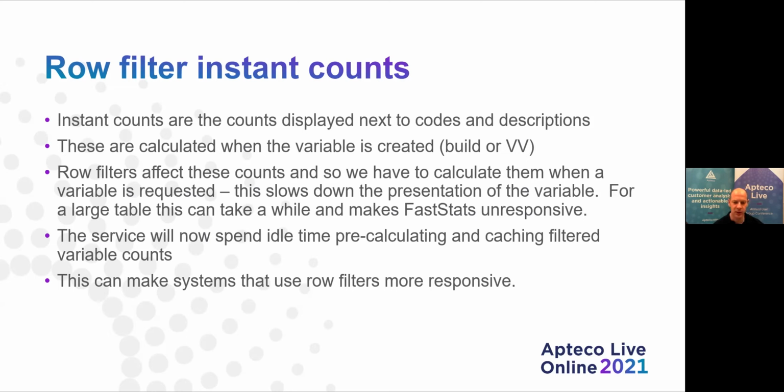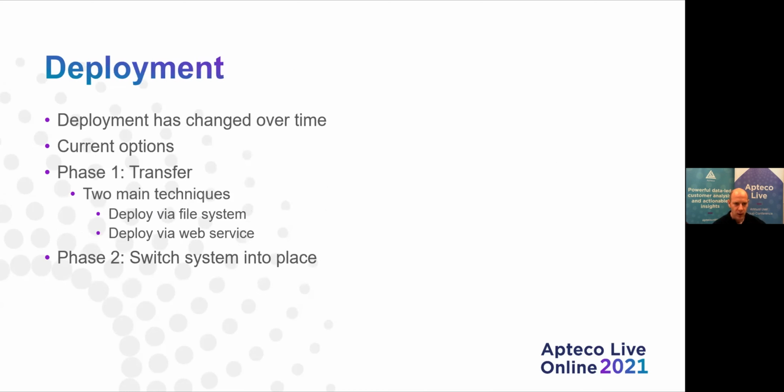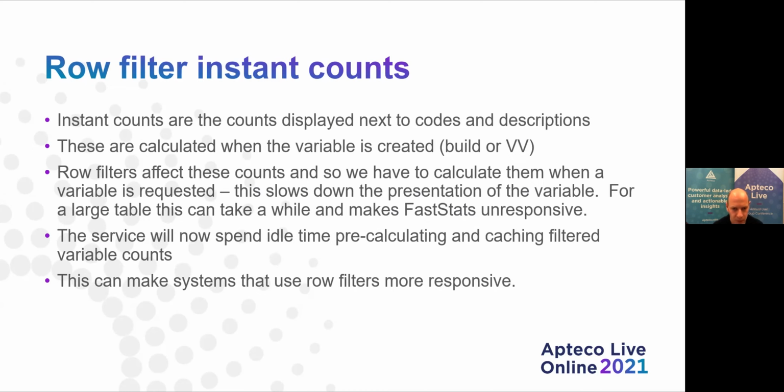This can make systems that use row filters more responsive. Hopefully that will mitigate the issue where your system can appear a little bit slower because we've got to go and count those filtered versions of the variables.